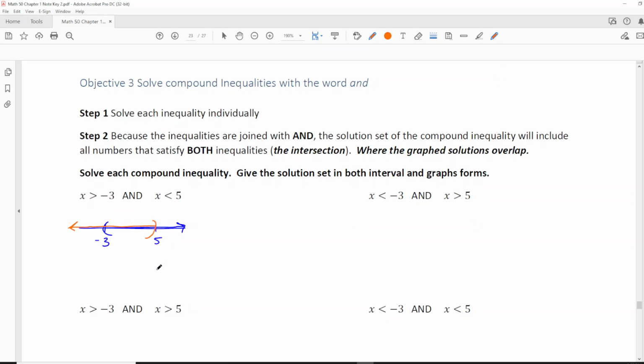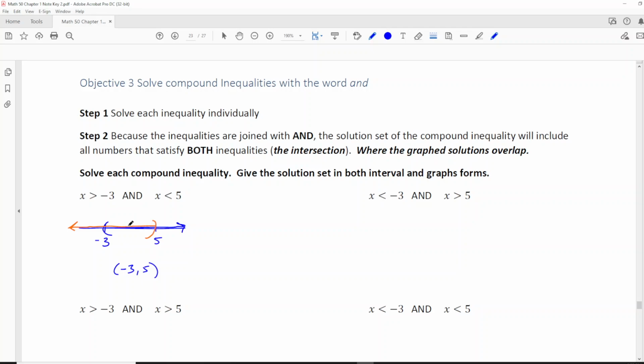Because we're talking about the numbers that satisfy both inequalities, they have to be "and," so you're looking for where the two graph solutions overlap. In other words, there has to be a blue line and an orange line. So the solution to this compound inequality would just be -3 to 5. Those are the only numbers that are greater than -3 and less than 5.